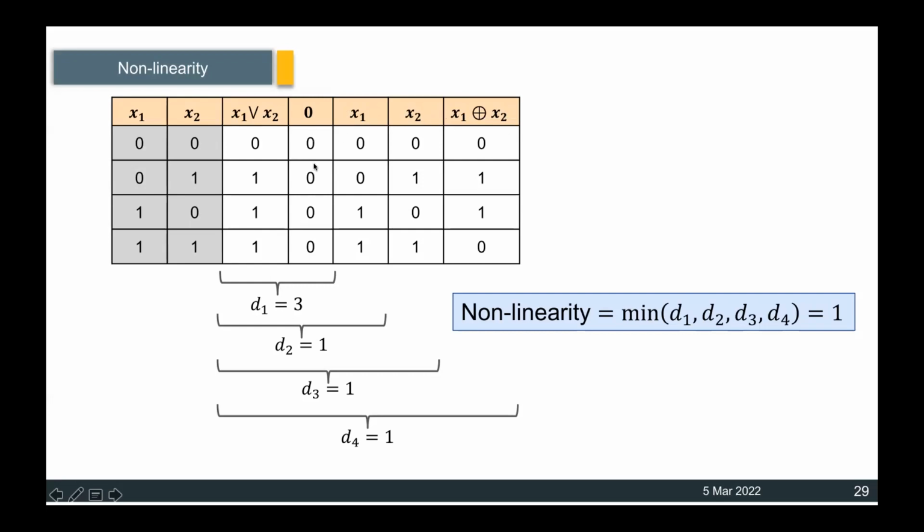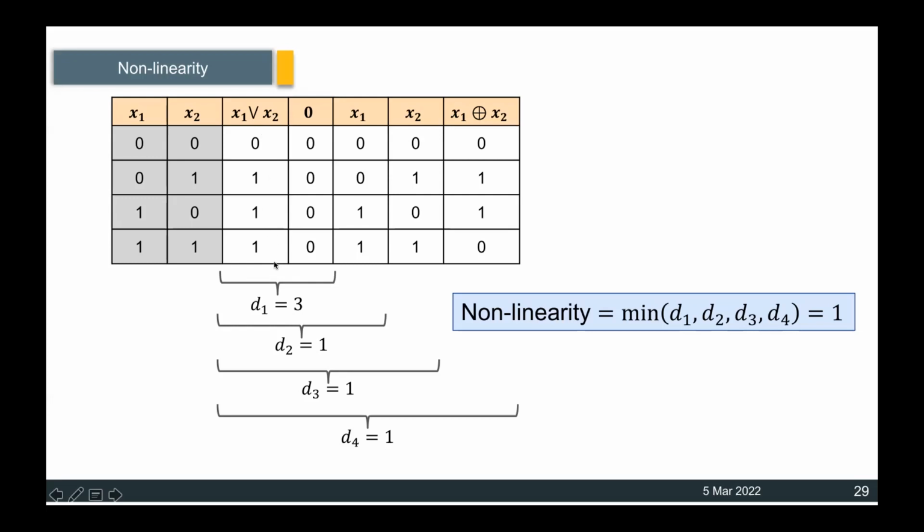Then you consider the truth tables of these functions and calculate the Hamming distances between the truth table of the actual function and your approximated linear function. You find these distances, shown here as d1 equal to 3, for example, where there are 3 flips. Likewise, this distance has 1 flip and so on. The nonlinearity is nothing but the minimum of these distances. So in this case, we say the nonlinearity of this OR gate is 1.